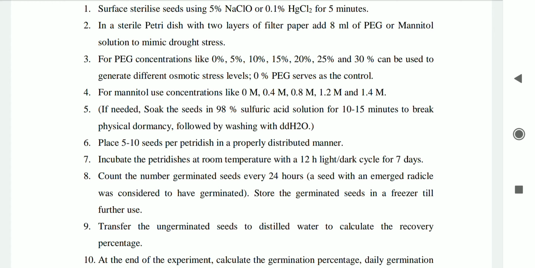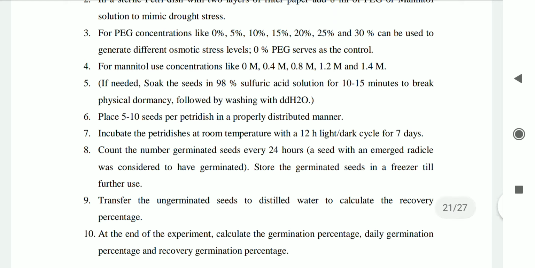Then the fifth point mentions that, if needed, we need to break the physical dormancy of the seed by dipping it in 98% sulfuric acid solution for 5 to 10 minutes. So what is physical dormancy? Dormancy means the seed is not able to germinate yet because it has some factors which do not allow it to do so.